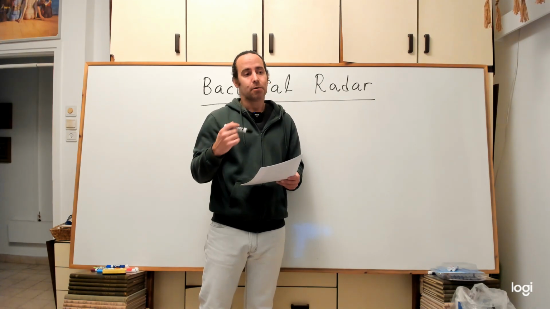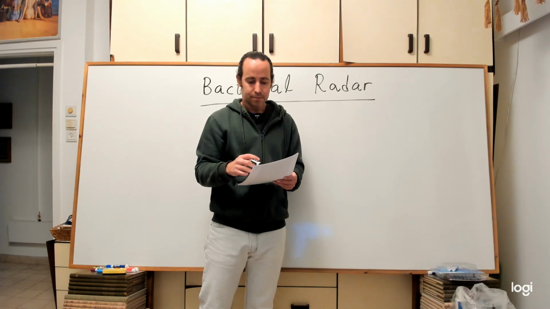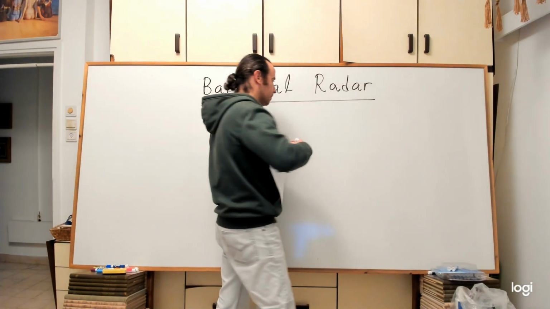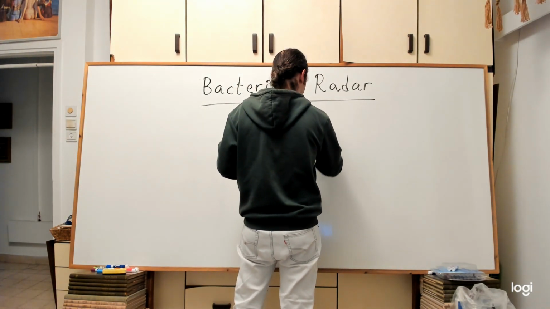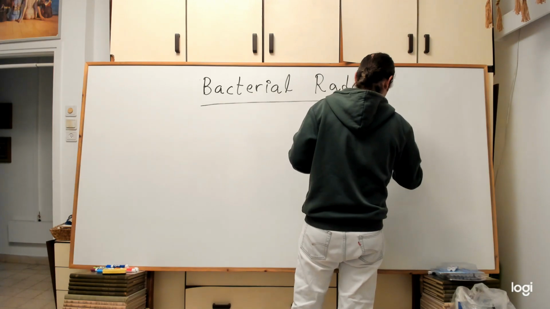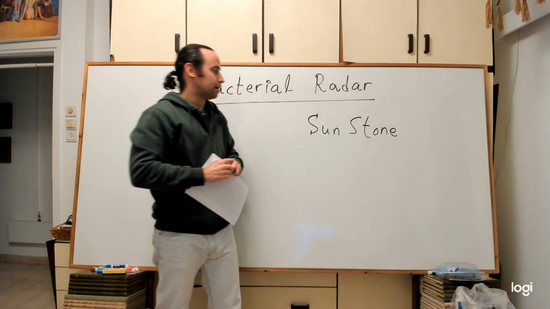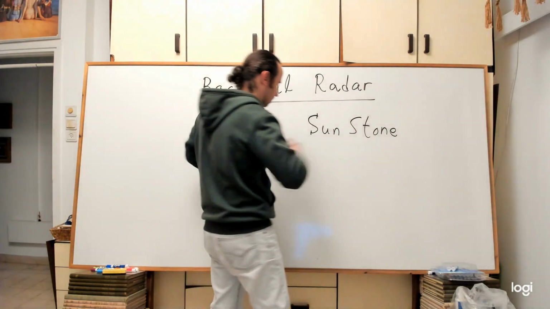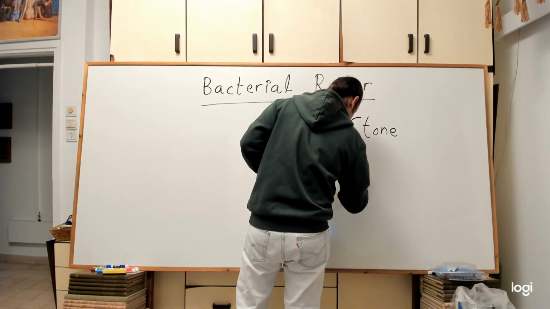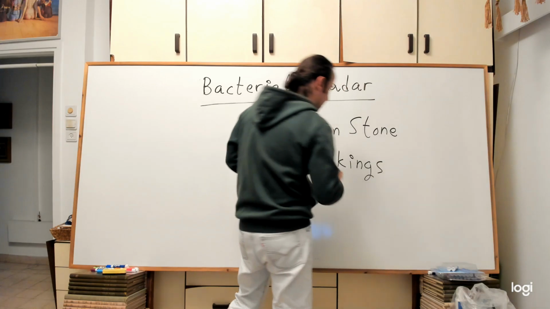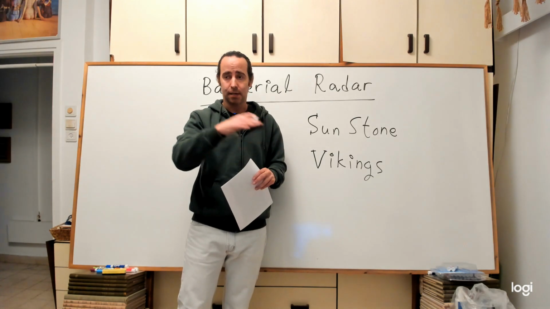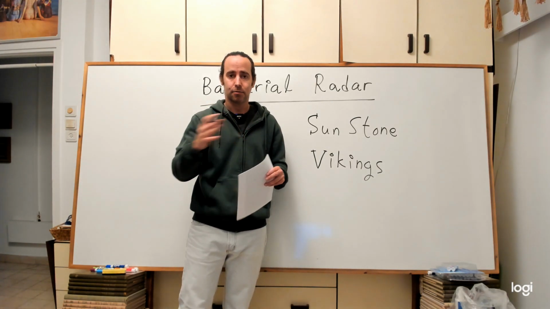If I would rename the invention to be more exact, it would be bacterial sunstone. Okay, sunstone is a device that the Vikings used when they went with their ships to the sea, and they needed to find the sun in order to navigate.